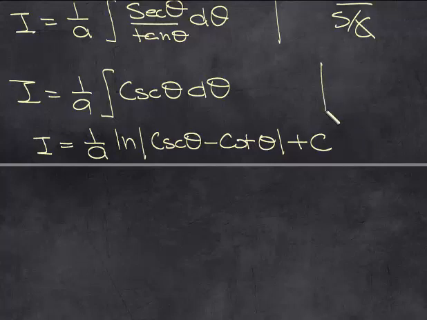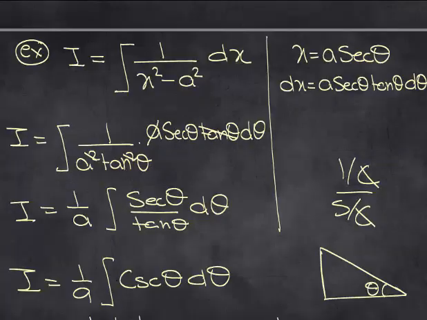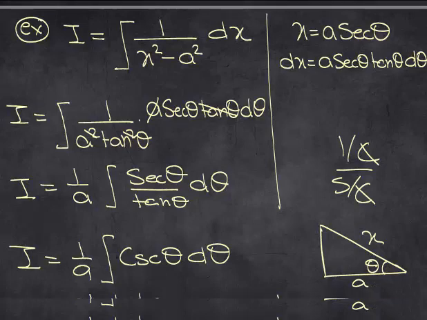Adjacent over opposite. Right? And we get 1 over a.